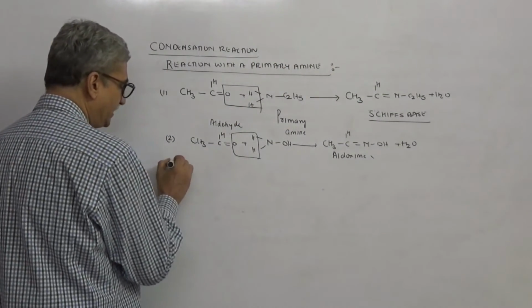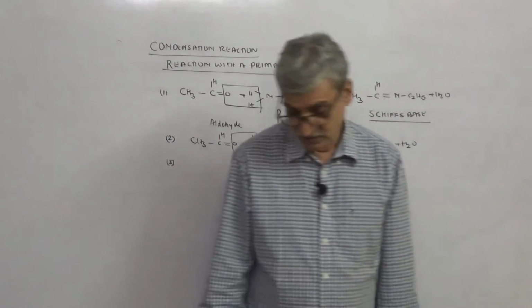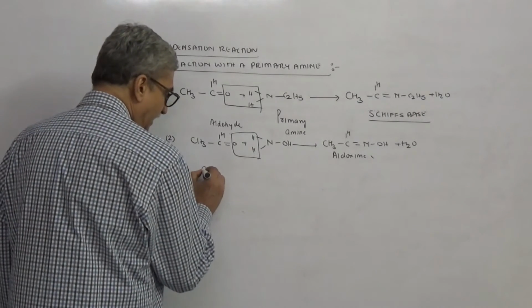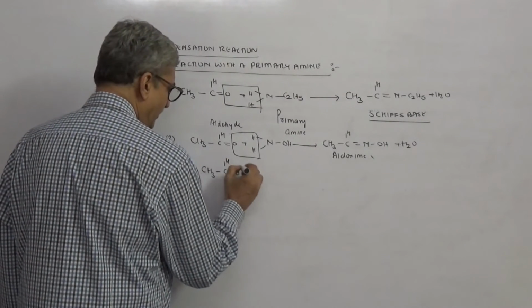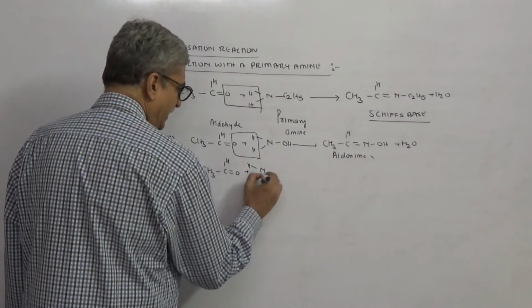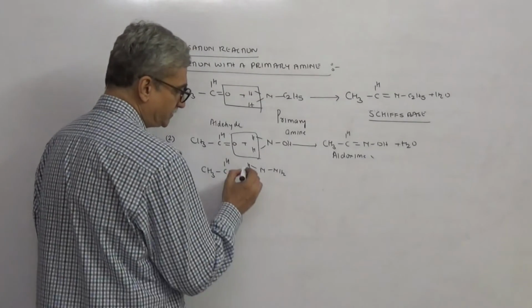Then the third point that we are having is what? Third, we are reacting with hydrazine. So you get a hydrazone, then phenylhydrazine and all that. So when you react an aldehyde, CH3CHO, plus hydrazine, NH2NH2. Hydrazine is NH2NH2.